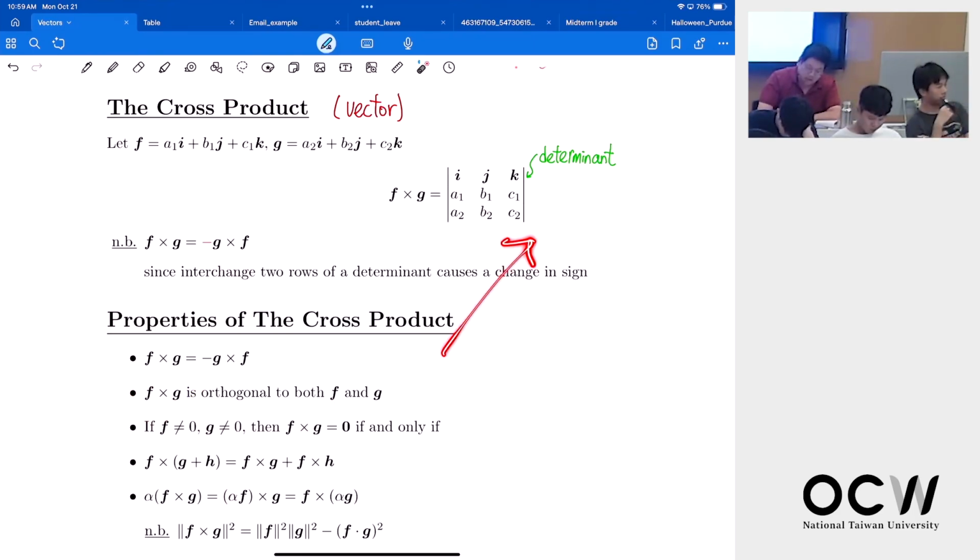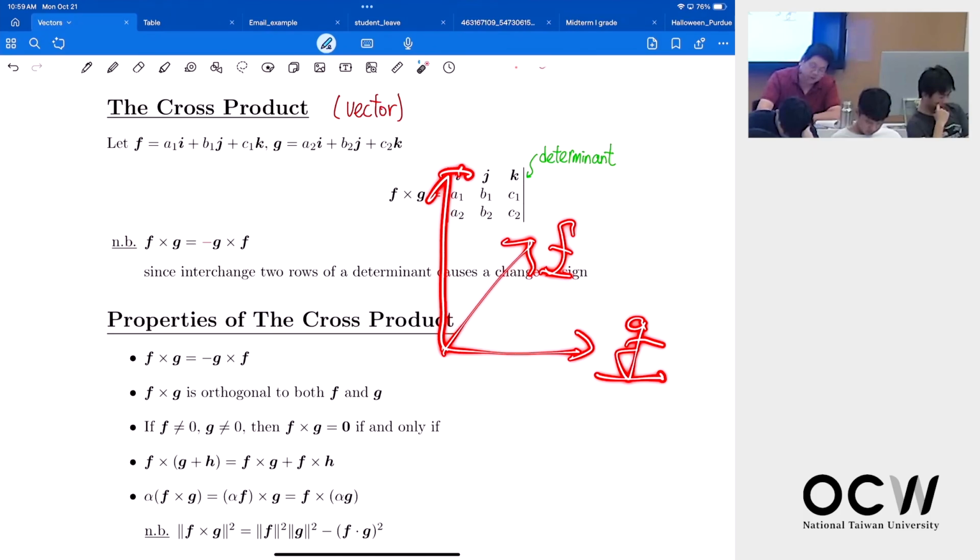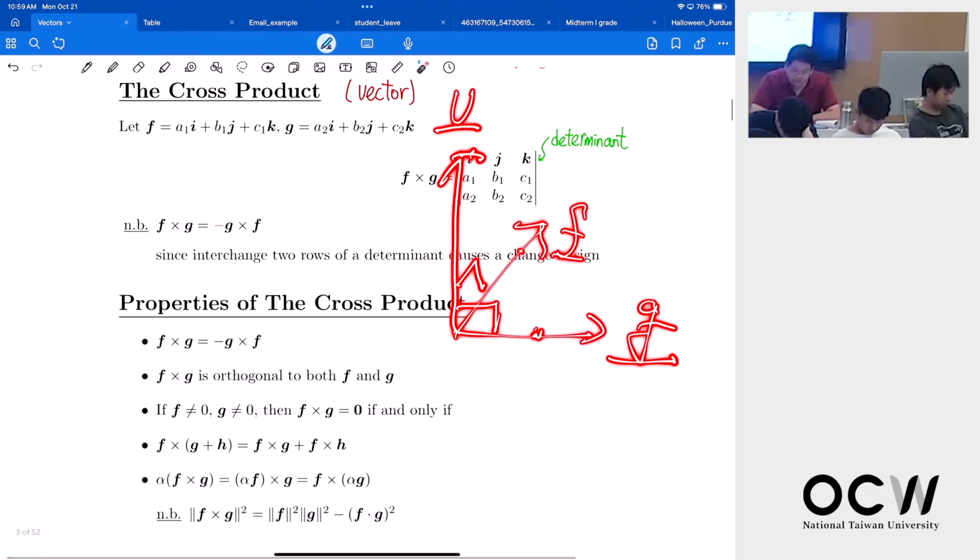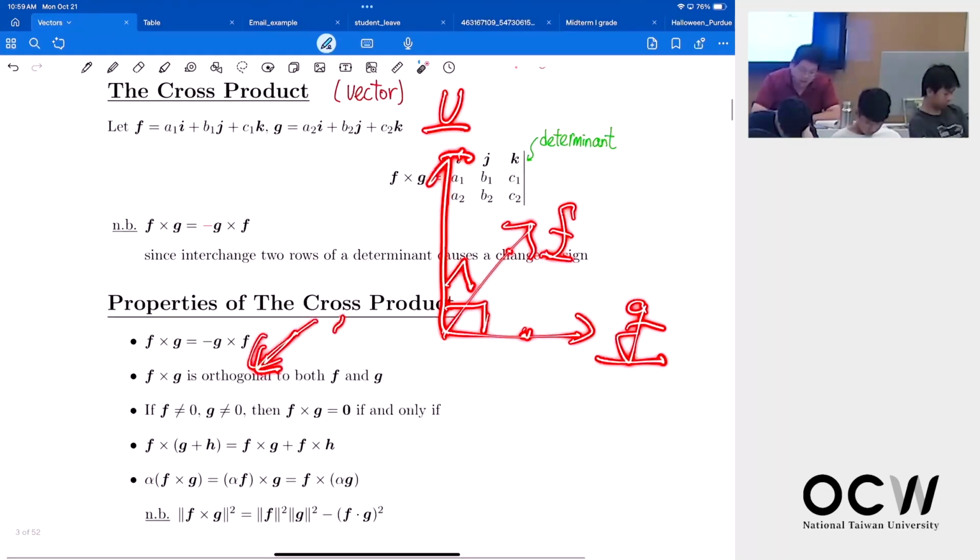If I have f and here's g, when I do the cross product, I will create a third vector, and this third vector is perpendicular to those two original vectors. It is called orthogonal. Orthogonal means 90 degrees.